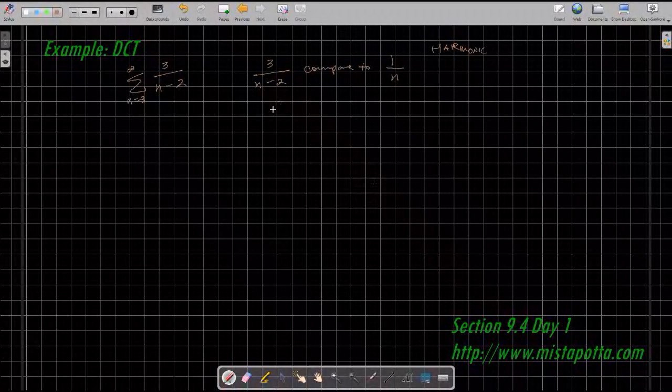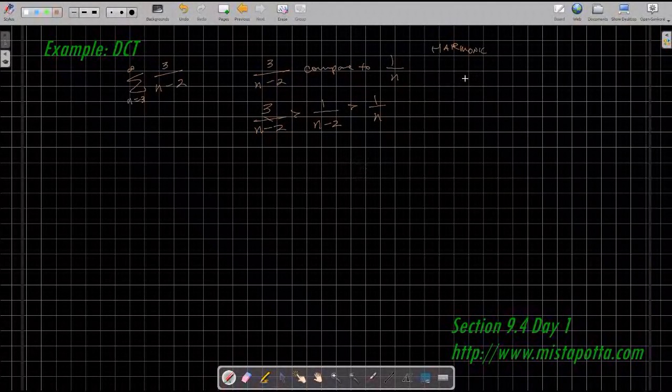The thing is, I know that 3 over n minus 2 is always going to be bigger than 1 over n minus 2. And if I have a larger denominator, then I'm going to have a smaller fraction.